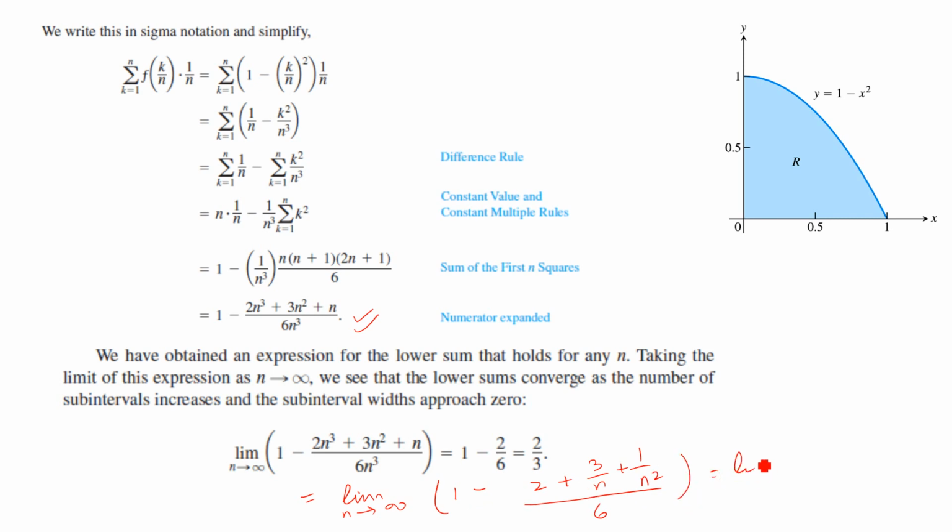So this is equal to limit as n approaches infinity of 1 minus 2 over 6, because this is independent of n. Now 3 over n, as n approaches infinity, 3 over n approaches 0. Similarly 1 over n square approaches 0. So we are left with 2 over 6 only. Okay, so this is equal to 1 minus 2 over 6 as shown here. So this is equal to 2 over 3.